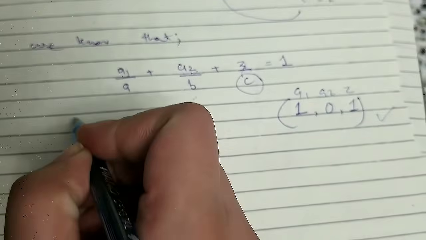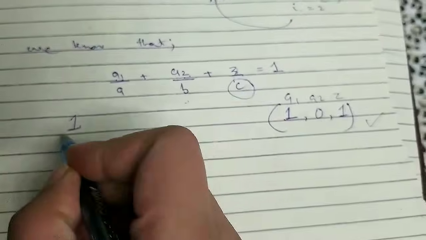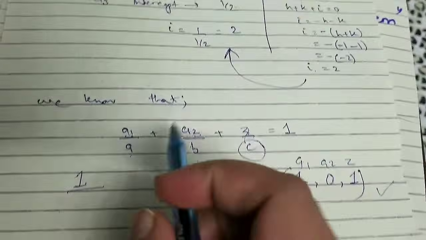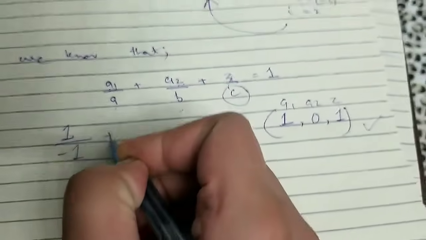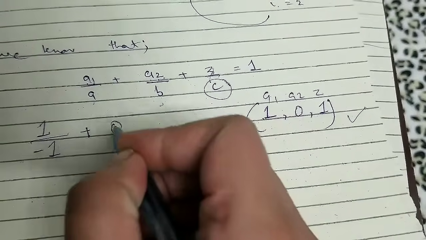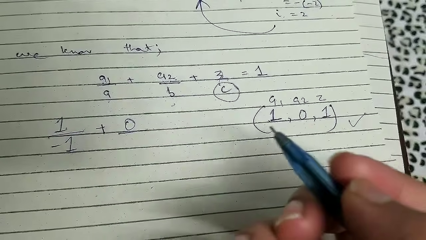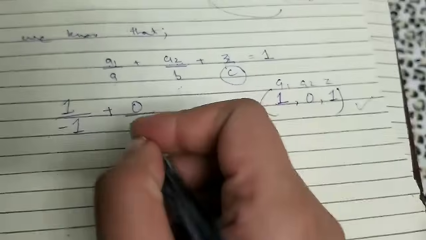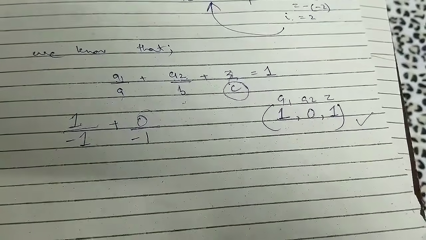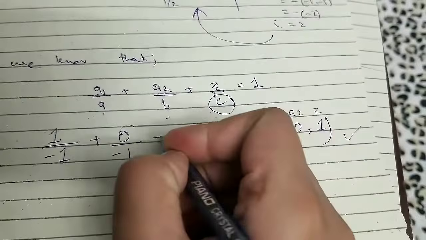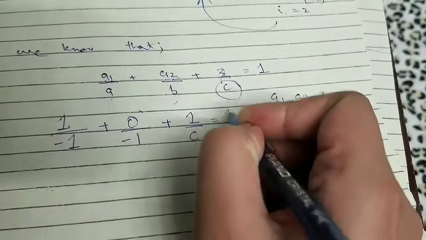Let me put these values here. In place of a1 I'll put 1. In place of a we'll put the a1 intercept that we got as -1. Similarly for a2 we'll put 0, and for b we have -1 here. But it's not necessary to put the value of b here, because this 0 in the numerator will make this whole quantity equal to 0. z is 1 and c needs to be determined.